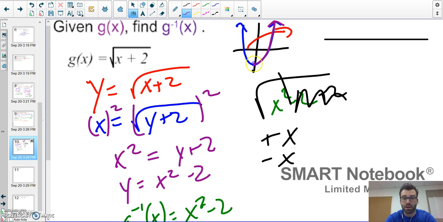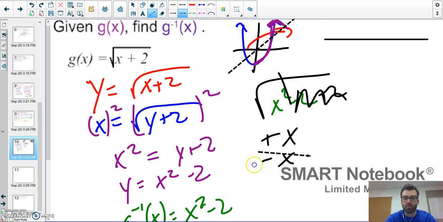Because if I look at this positive side of my graph and disregard the negative, the positive side will actually be a better reflection over the line y equals x for my inverse, okay? So I throw out the negative.